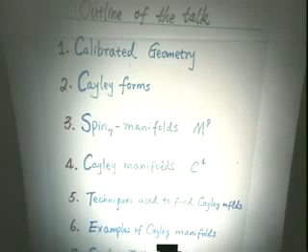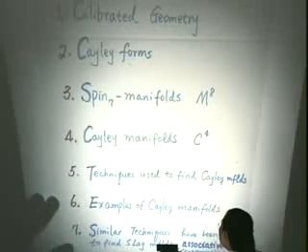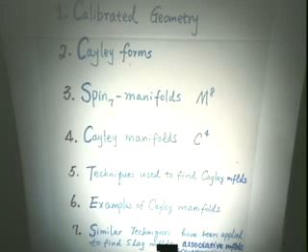So I first would like to review calibrated geometry, then review the Cayley form, then talk about Spin(7) manifolds, and then we'll talk about the Cayley manifolds in C4. Then I'm going to describe the techniques that I used to find the Cayley manifolds. By the way, these examples were found in joint work with my undergraduate students at Harvard College.